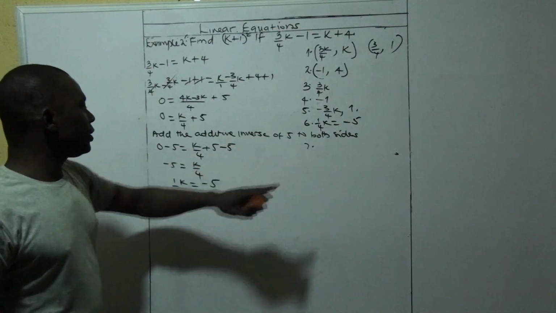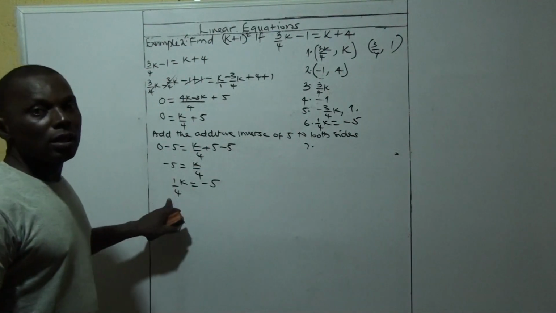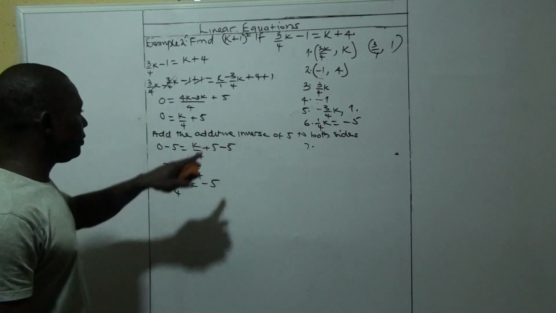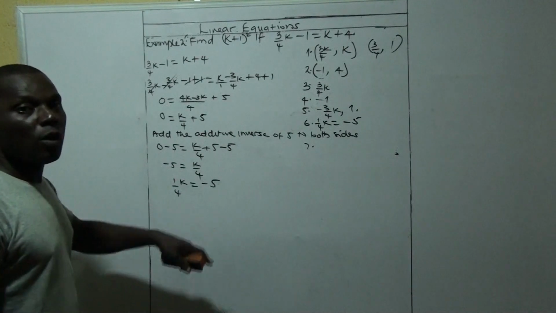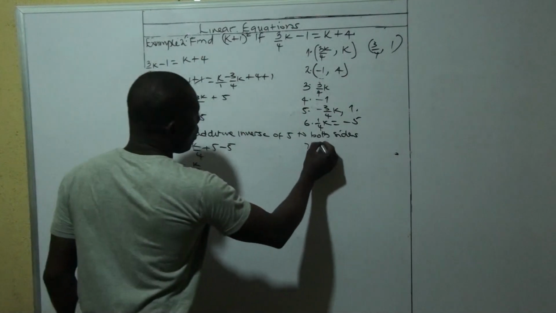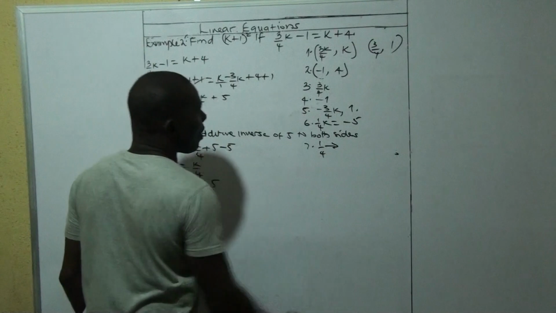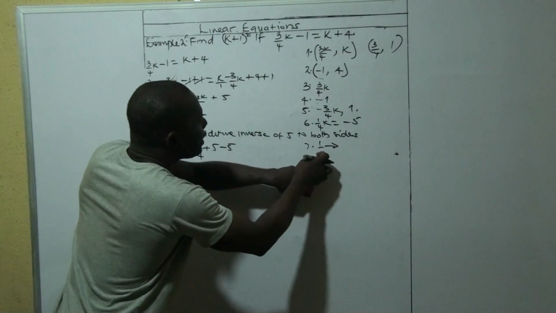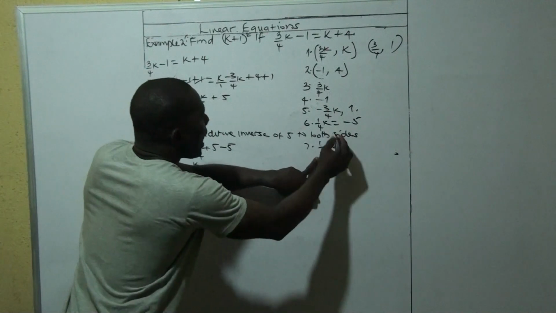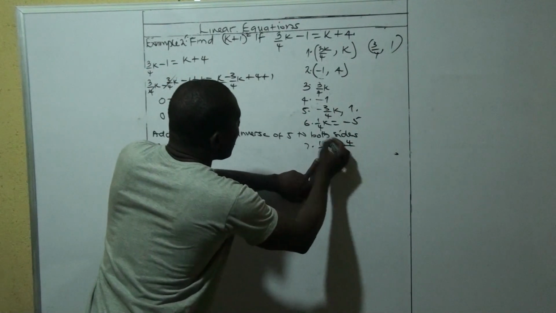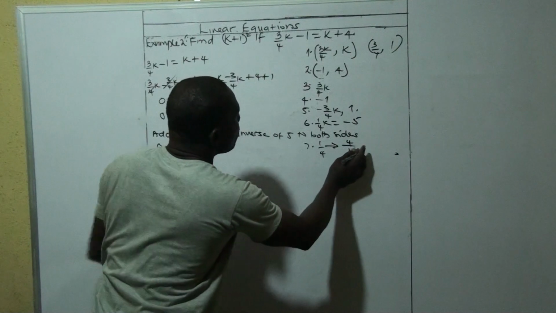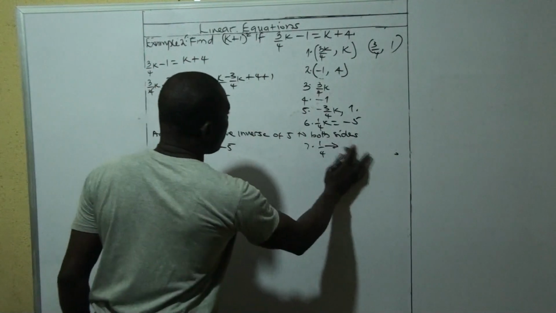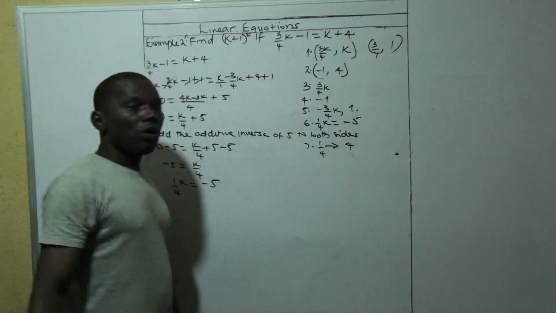If the coefficient is 1 over 4, what will be the reciprocal? The reciprocal, or multiplicative inverse, of 1 over 4 is that we write 4 as the numerator and 1 as the denominator. 4 divided by 1 is 4. So the reciprocal of 1 over 4 is 4.